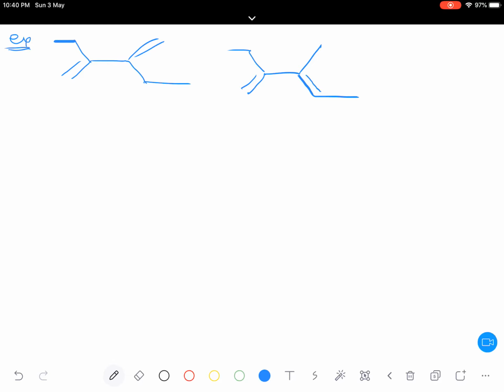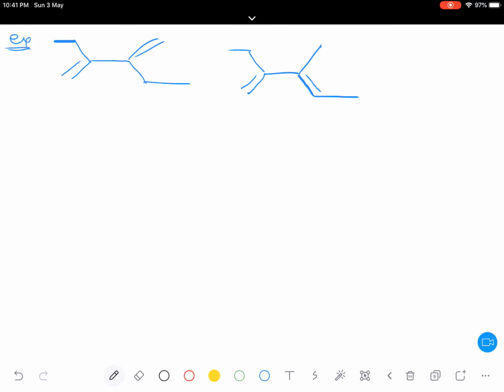See here, if I try to figure out the parent chain, this part is very important, guys. In order to understand this, I suggest you go through IUPAC nomenclature once again. Many of you might take the parent chain to be this one, but that will be wrong.